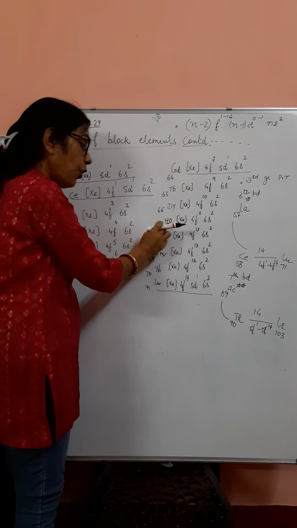These 14 elements are there. And you can see 4f, 5d and 6s orbitals are filled up over here. They belong to the sixth period and third group of the periodic table. So this is the electronic configuration. Now since the electronic configuration is written over here, let us discuss the oxidation state first.